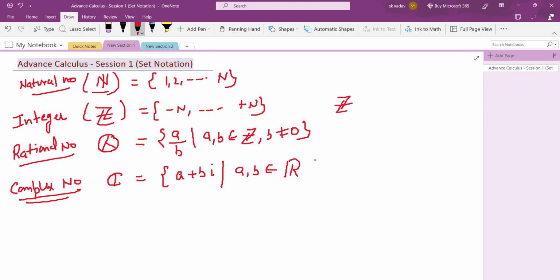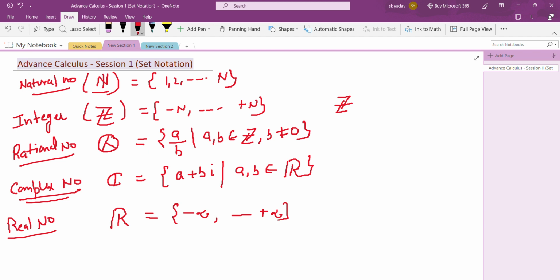This R is represented as a real number. I forgot to tell you about this real number: it means from minus infinity to plus infinity, these are the real numbers.